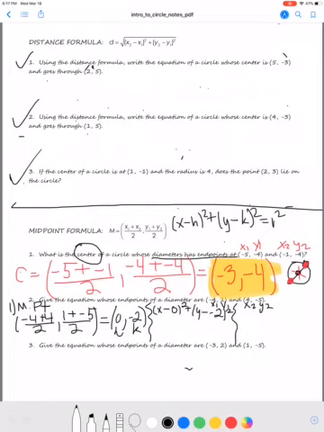Okay, so if I clean this up, x minus 0 just becomes x squared plus y minus negative 2 becomes y plus 2. So I have y plus 2 in parentheses.